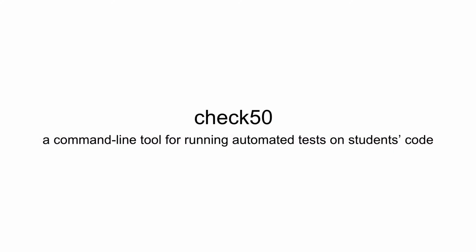So check50 is essentially a command line tool for running automated tests on students' code. This tool is available for students and teachers. When students run check50 on their code, they get immediate feedback.